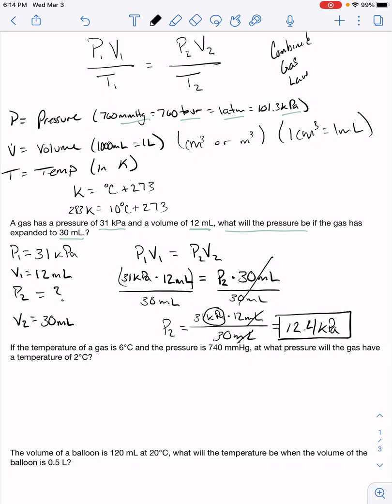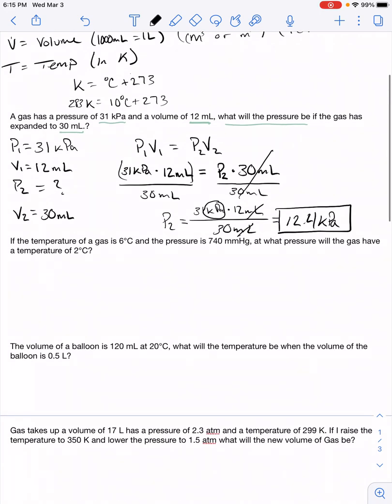Now, my second problem here says that if the temperature of a gas is 6 degrees Celsius, I assign that to temperature 1, but I'm also going to have to assign the pressure of 740 millimeters of mercury to pressure 1 as well, because those are the two initial conditions of the gas.